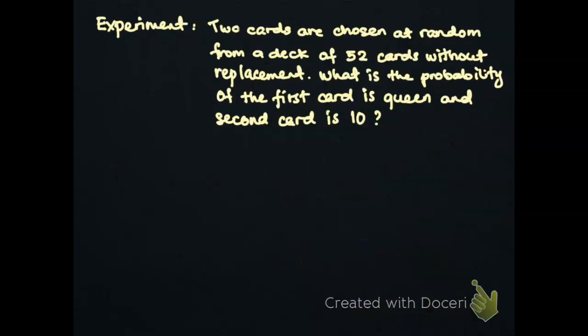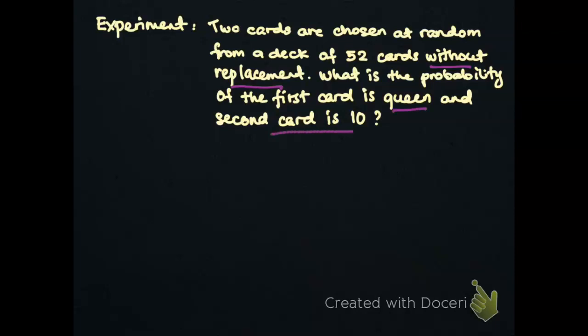We look into another example. Okay, another experiment. Two cards are chosen at random from a deck of 52 cards without replacement. The word here is without replacement. What is the probability that the first card is a queen and the second card is a 10?